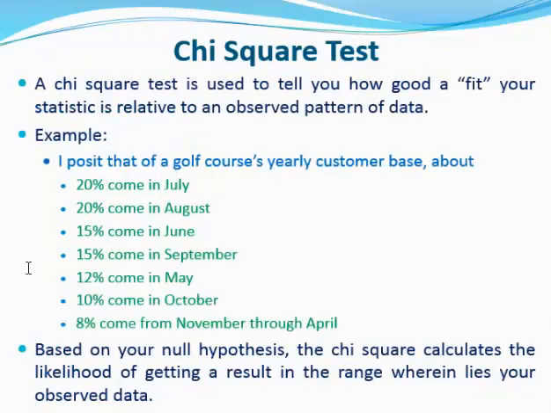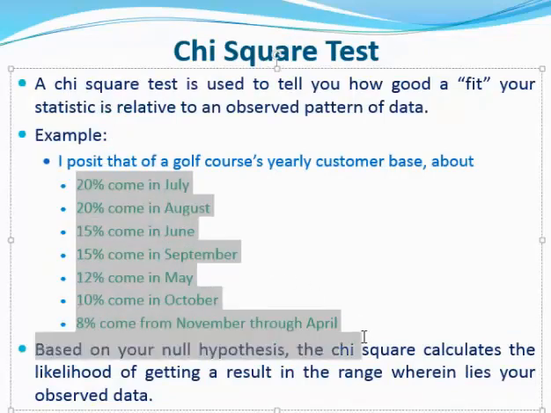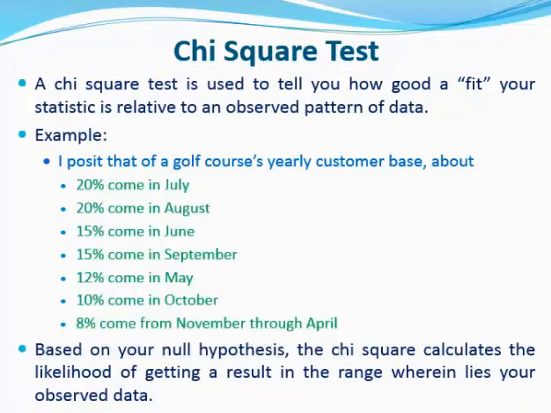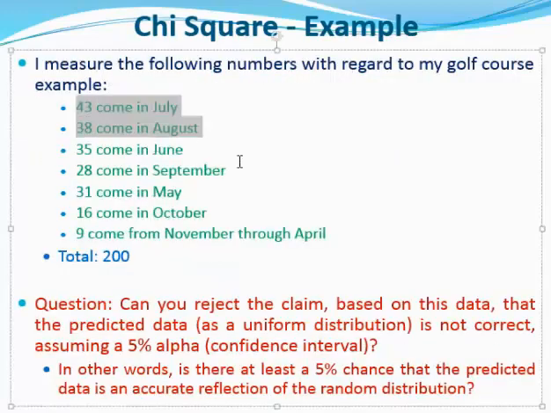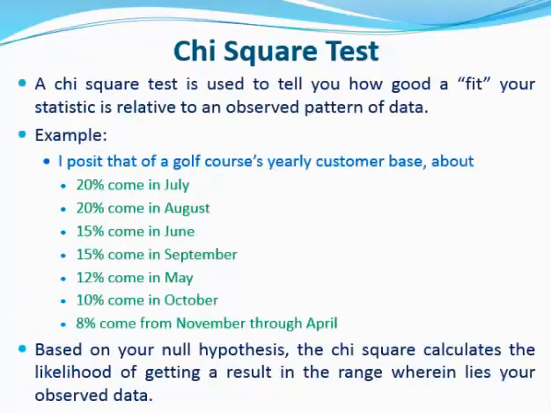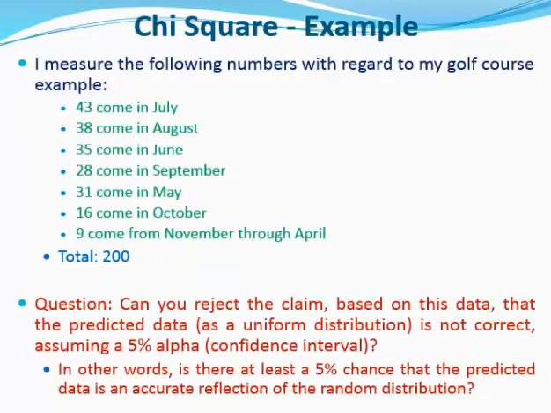So our question is, this was our original null hypothesis, that in any given year this will be the likely distribution, about 20% each in the summer months, and obviously the further you get from the summer, the fewer customers. And the question is, is this data consistent with this null hypothesis? That's what the chi-square is designed to measure.